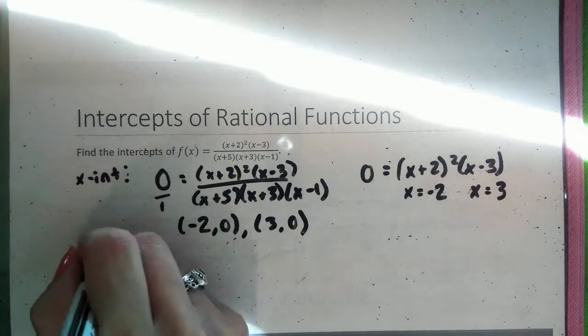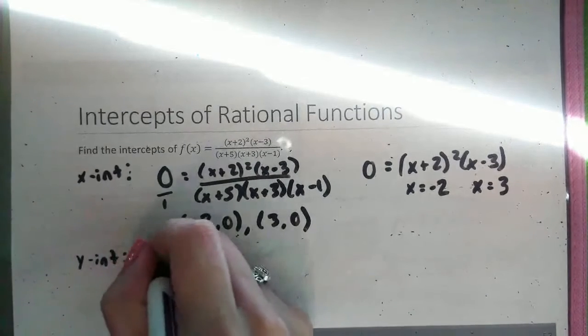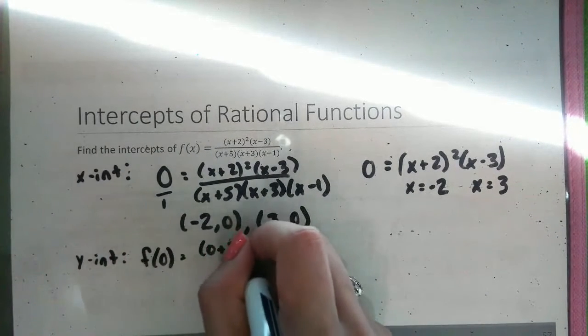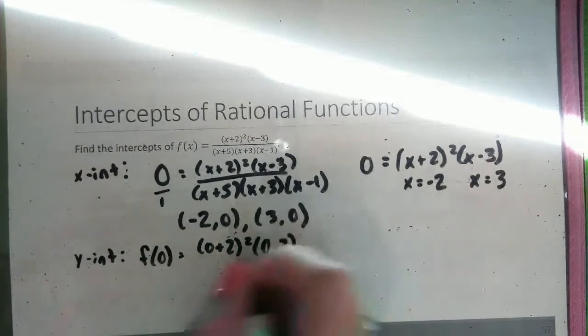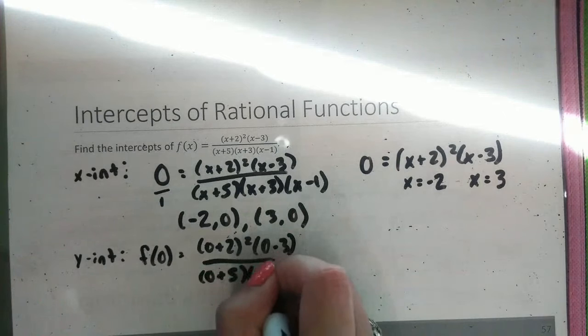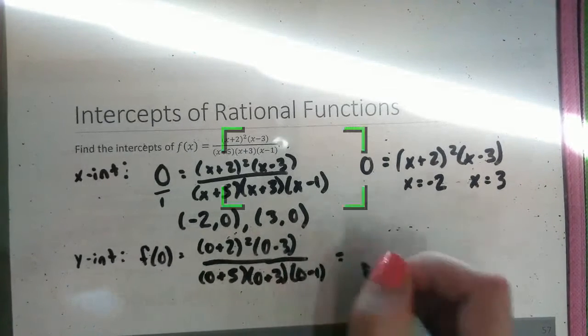To find the y-intercept, we have to let x be equal to 0. So we would be finding f of 0. That's equal to (0 plus 2) squared times (0 minus 3) over (0 plus 5) times (0 plus 3) times (0 minus 1).